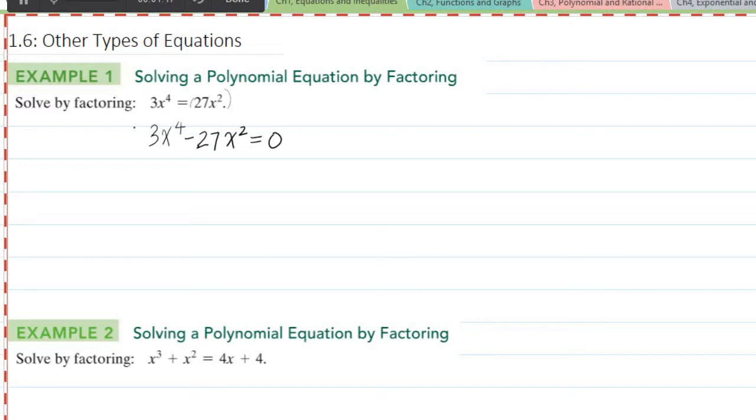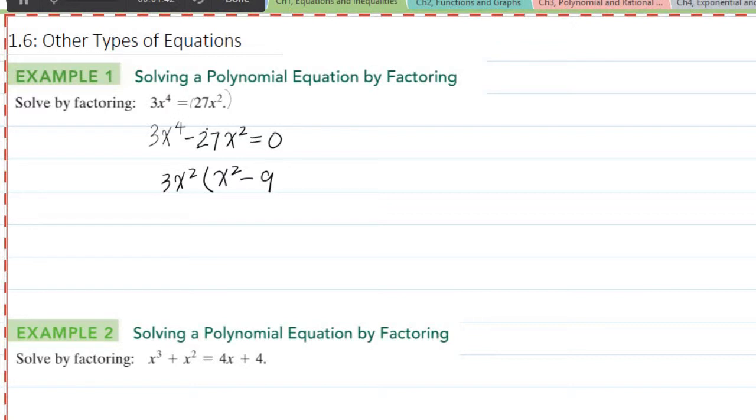Once we have this, because we want to solve by factoring, we're going to factor 3x squared out. What's left over is x squared, and then here we're going to factor 3 out, that will be 9.